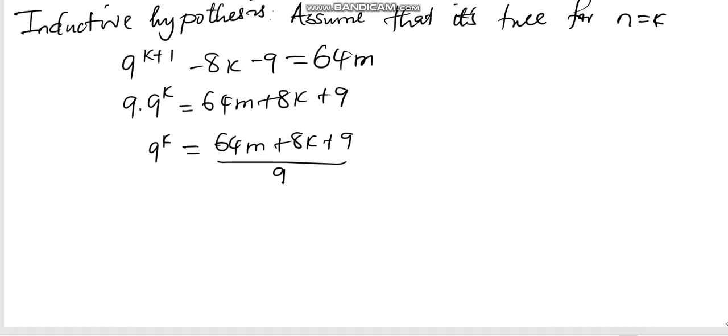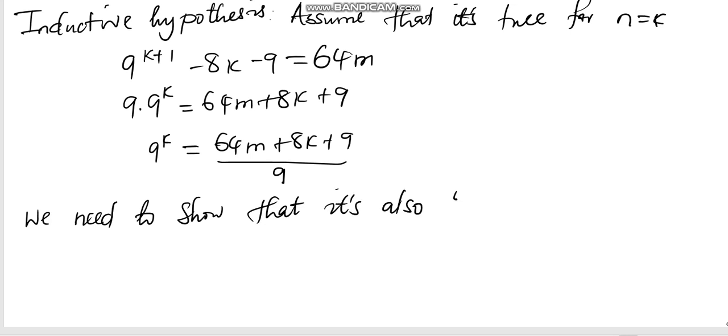So here we say we need to show that it's also true for n equal to k plus 1. Where there's n, we replace it with k plus 1, then we start simplifying. Where we find 9 to the power k, we substitute with this expression.